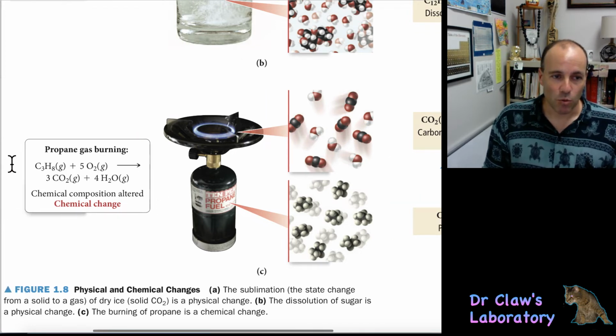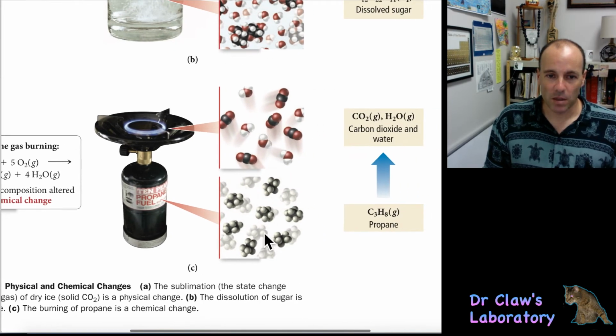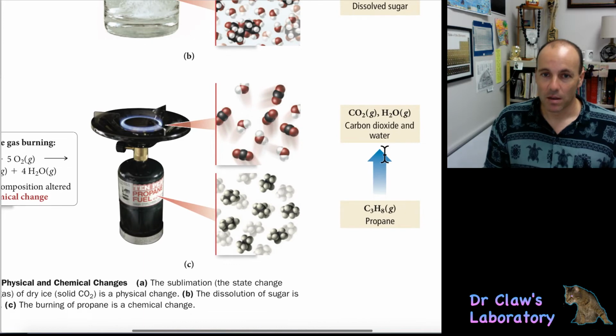So here's your propane, the gas, and the formula for propane is C3H8. Each molecule contains 3 carbons, 8 hydrogens. Now when you mix propane with the oxygen in the air, this is what you end up with: CO2, which is carbon dioxide, and H2O, which is water.